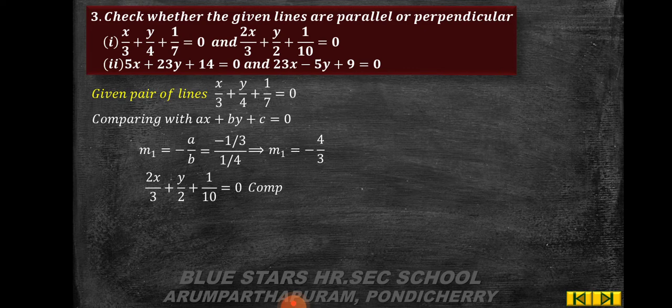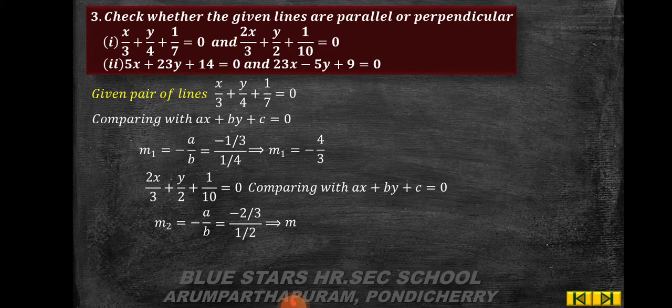Again comparing with ax plus by plus c is equal to 0, m2 is equal to minus a by b. Here the coefficient of x is minus 2 by 3 divided by coefficient of y is 1 by 2, which implies m2 is equal to minus 4 by 3.